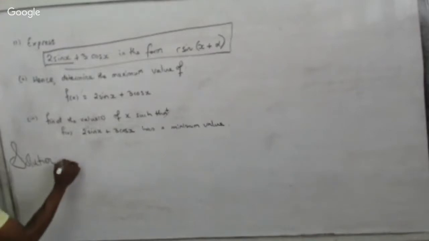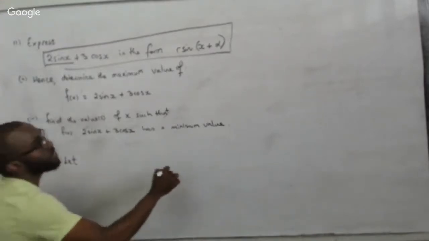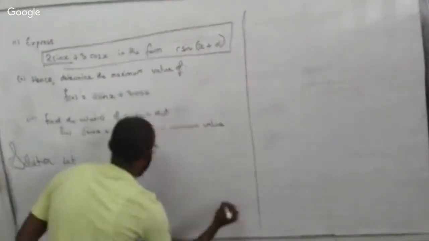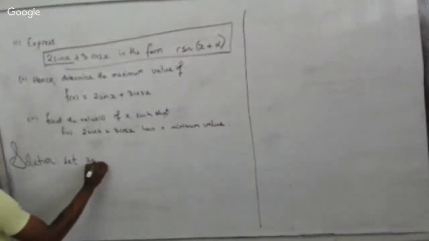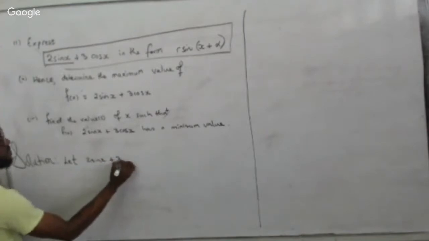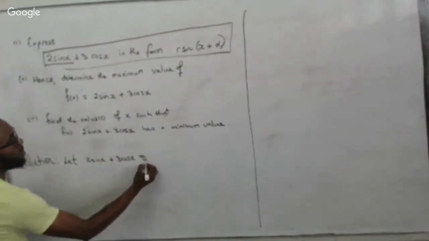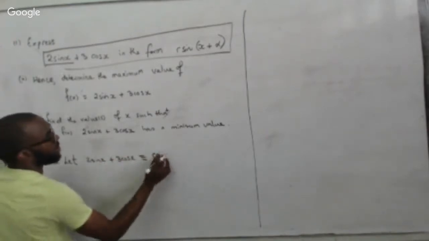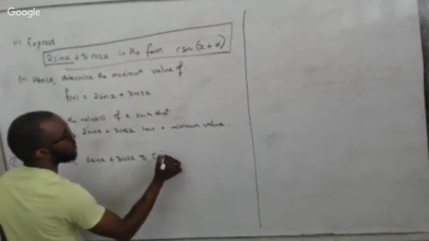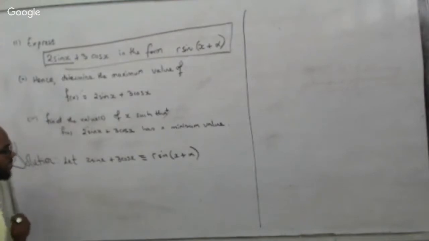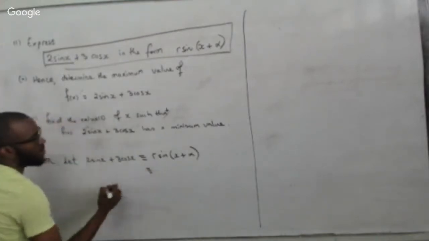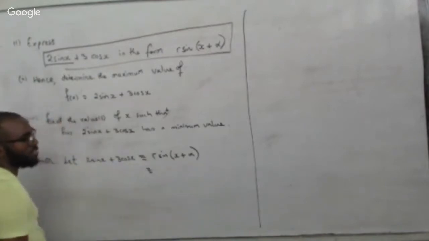It's just a template, and we start out by saying let my expression as given be identical to what I'm trying to put it in the form, just like the template last week. Then we need to expand this thing using the compound angle formula.